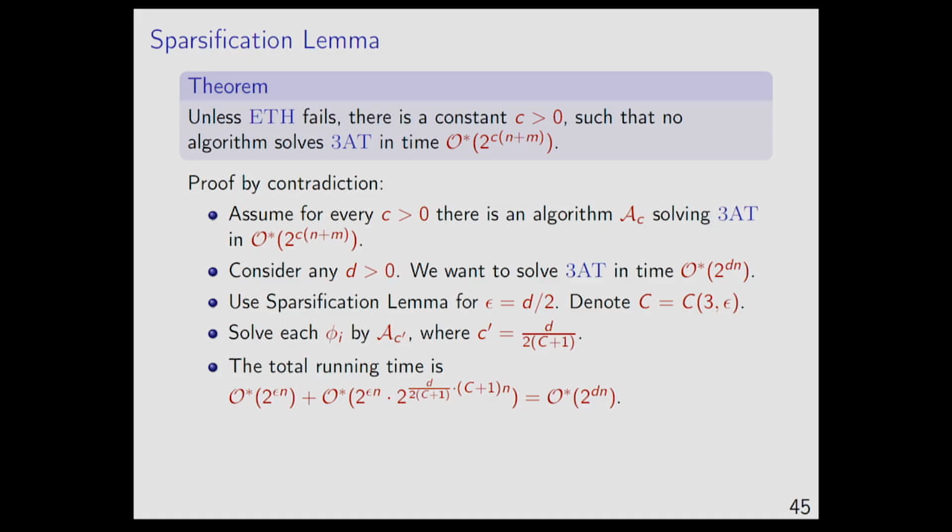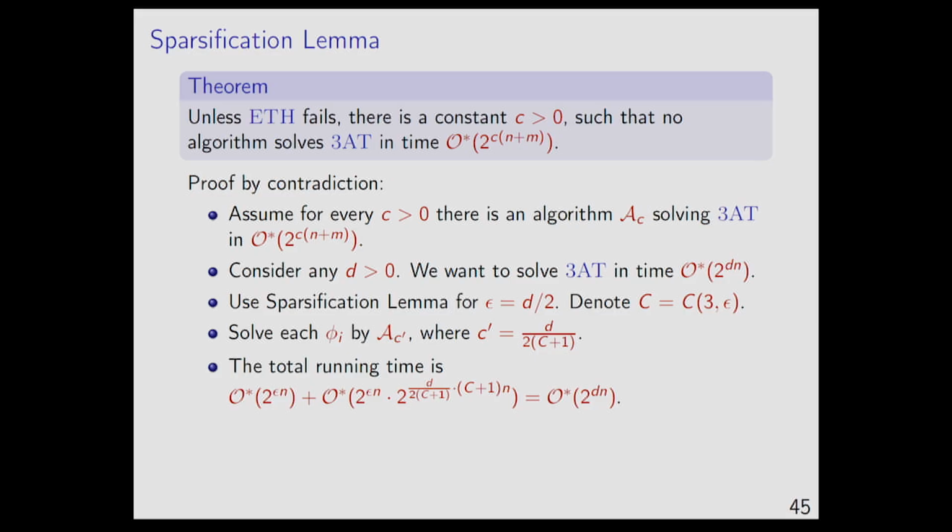Suppose this is not true, then what will I do? I will set my d appropriately, apply my sparsification lemma, produce a bunch of sparsified instances, solve them with this algorithm, and then get a 2 to the power little o of n time algorithm for 3-SAT. So that's what this proof does, nothing more.